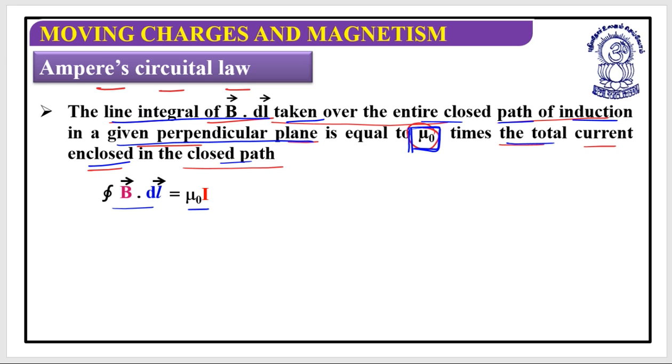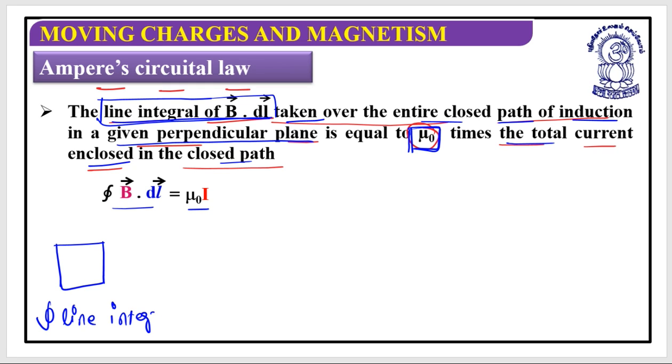So let's understand everything one by one. First, line integral. What does it mean? If I take a square of length L and take a line integral of it, it is 4L.